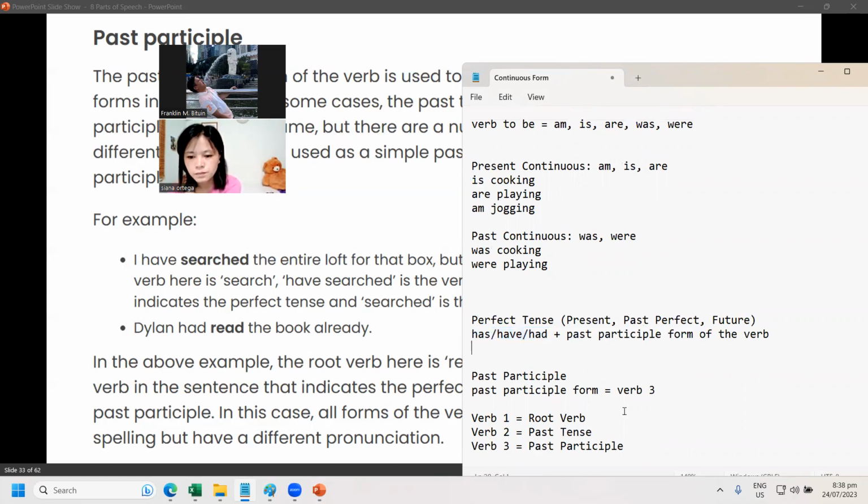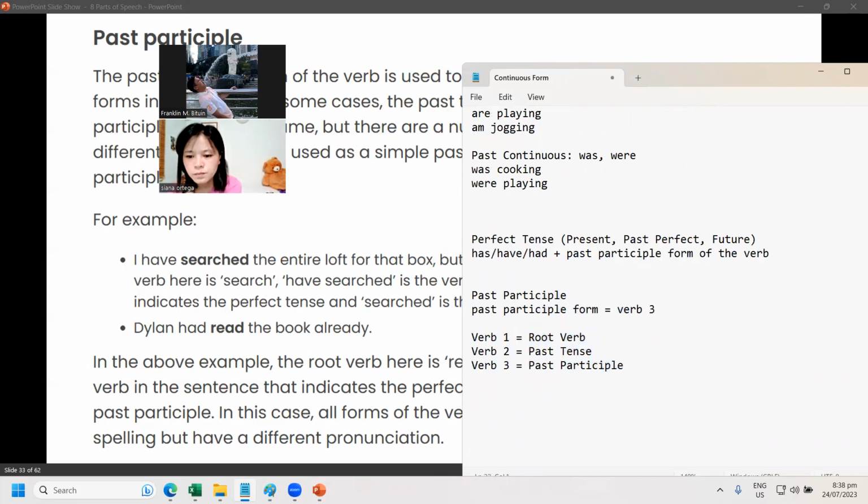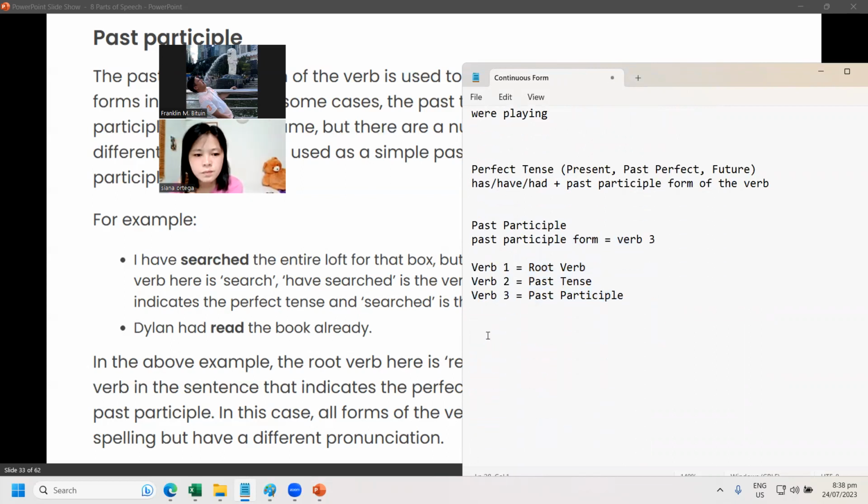Now the past participle is this. Like what I said, this is now the past participle. Now what happens to the past participle? Past participle form. Verb 1 or the root word, root verb.